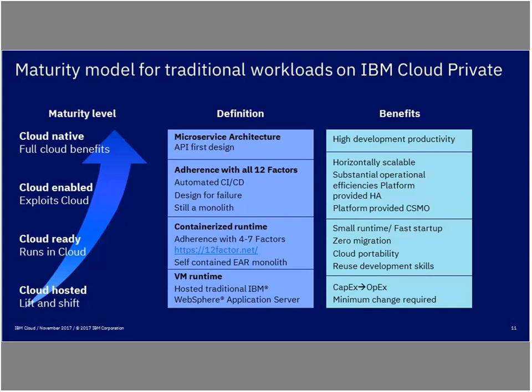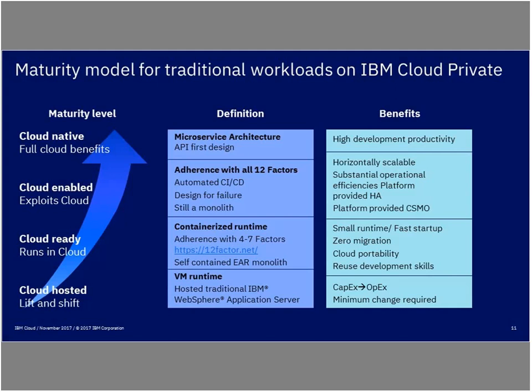And again, in terms of maturity and some of these definitions, I think we talked a little bit at the beginning about taking a VM, containerizing it, giving it the 12 factors, adding a CI/CD pipeline, making it exploit the cloud, and then turning it into a microservices architecture.